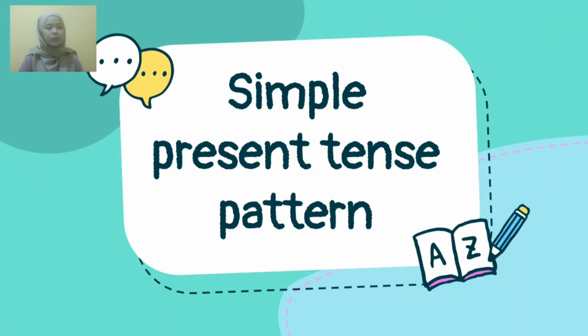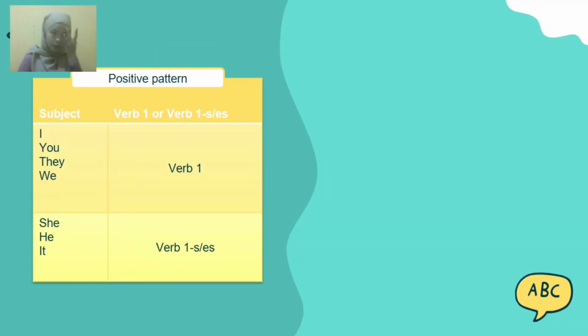Next, simple present tense pattern. There are three patterns: positive pattern, negative pattern, and interrogative pattern. I will explain the positive pattern first.